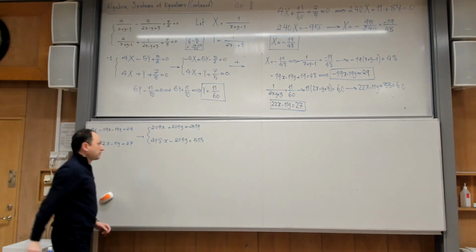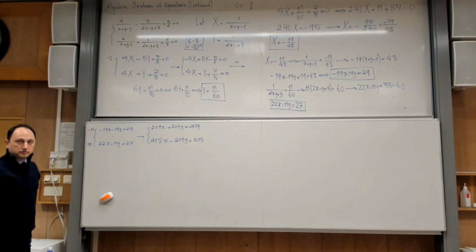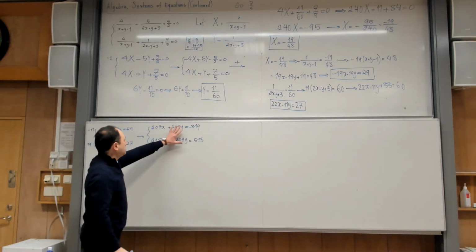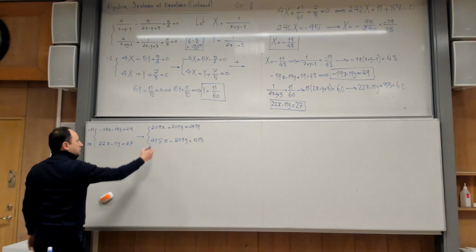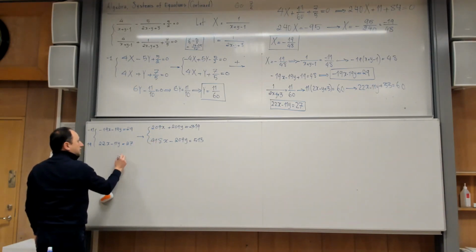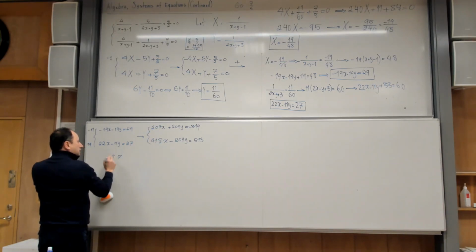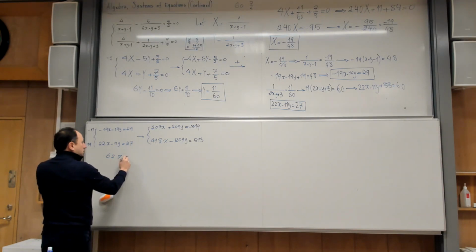Thank you. Okay, now I add them. When I add them, this is cancelled. I have to add these two numbers, which gives 627x.